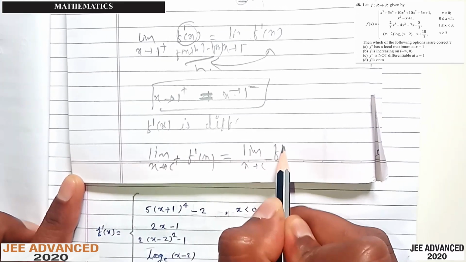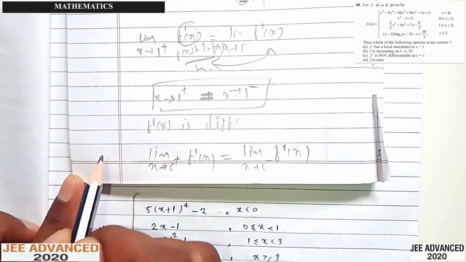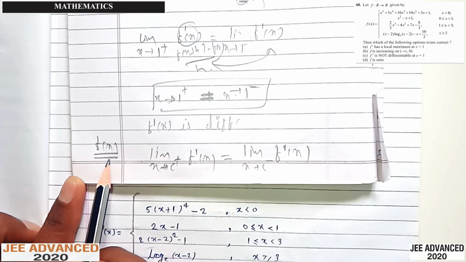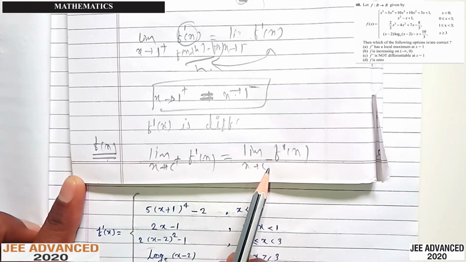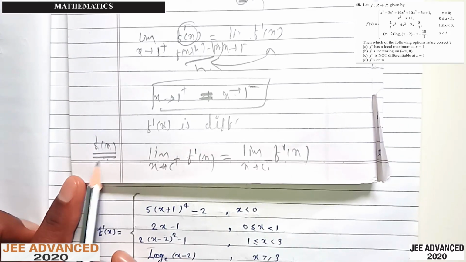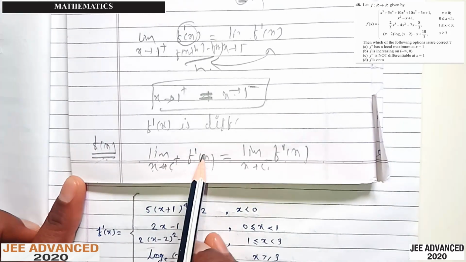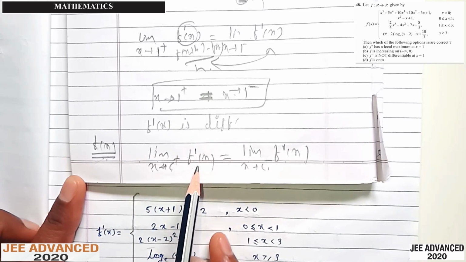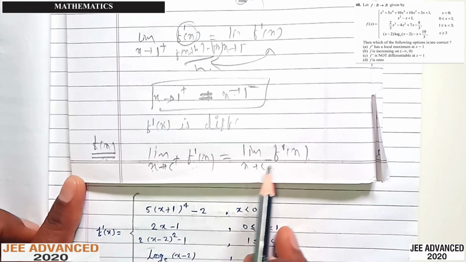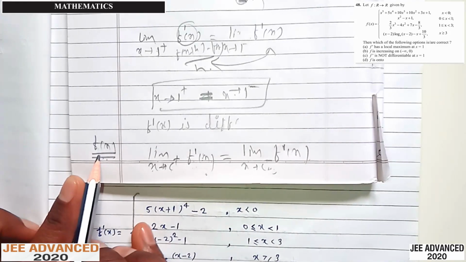If both are equal, then we say f of x is differentiable.